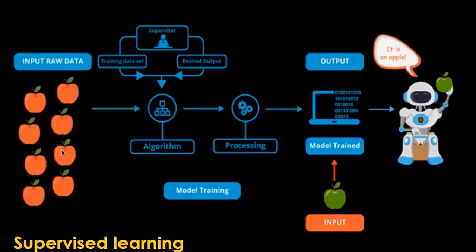For example, we give the machine some pictures and say that these are apples. After adequate training of the system, we give it a picture and want the machine to say whether it is an apple or not.